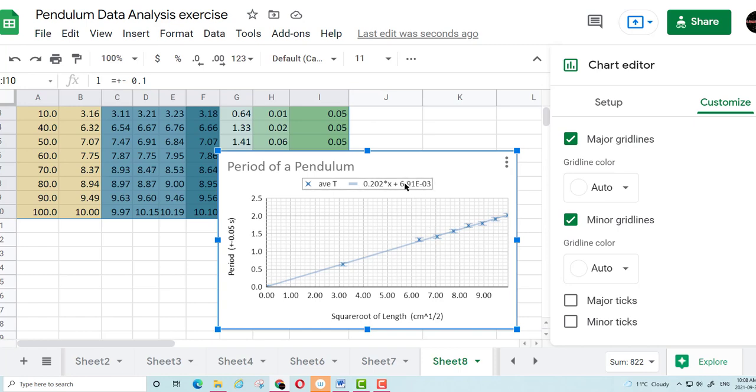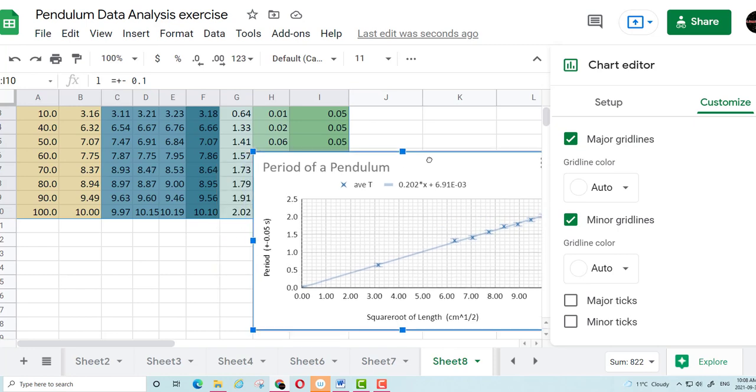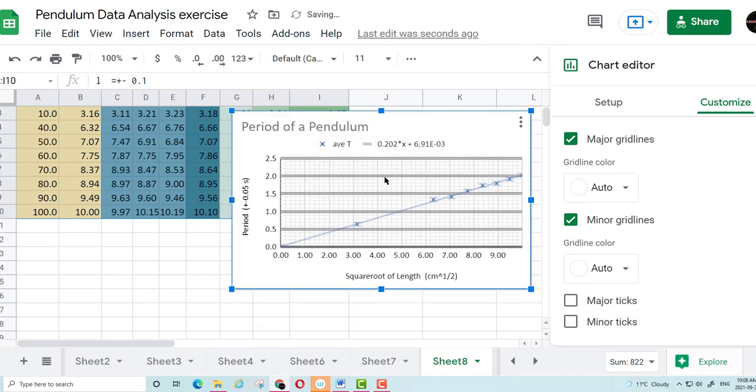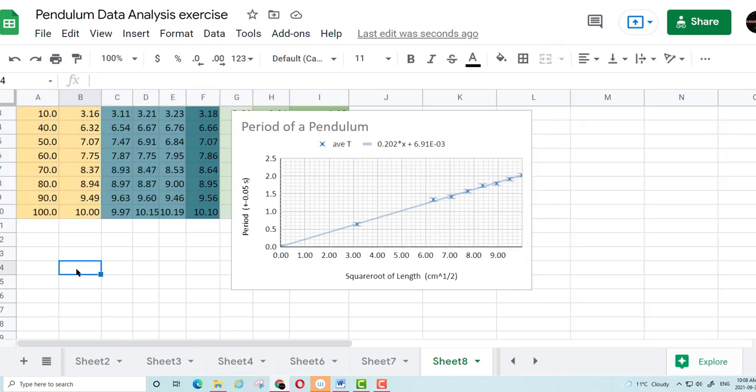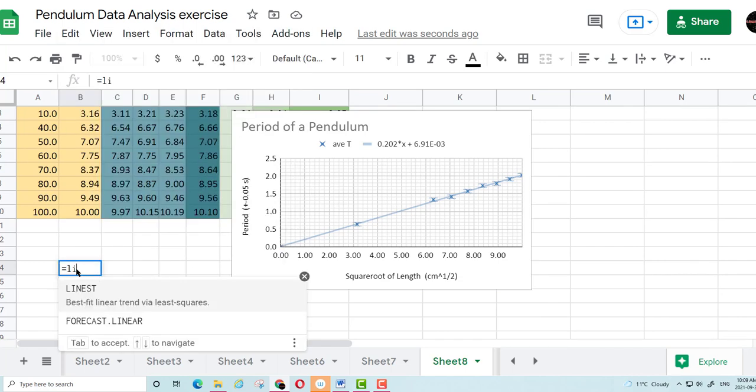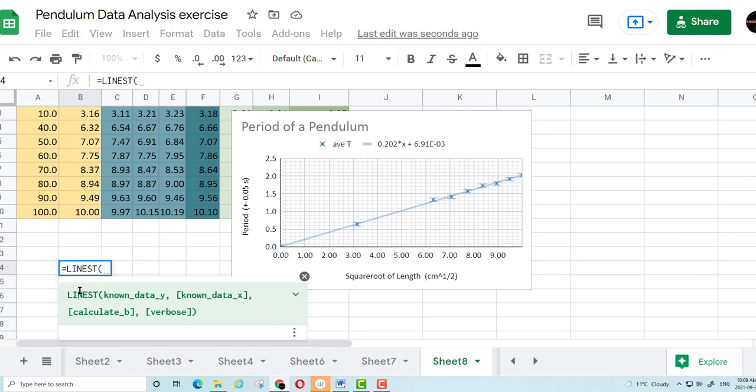So I've got a y-intercept here, very, very close to the origin, which it should be. It should really be going exactly through the origin. And there's a very quick way to get an estimate of the uncertainty in the slope and the uncertainty in the y-intercept. What you do is you type an equal sign for a function and then LINEST, like so.